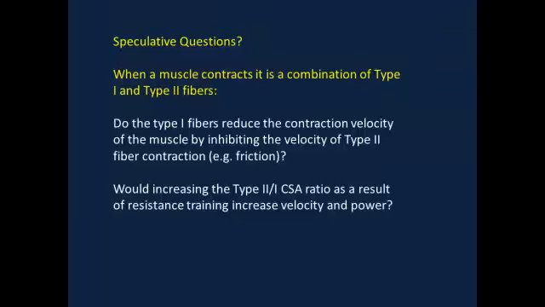Now, here's another part of that question. If you think about it, when a muscle contracts, it's not just type 2 fibers, it's not just type 1 fibers, there's a mixture of fibers in there. So one of the things that's also possible is that as that mixture of fibers starts contracting, the slower fibers actually create drag and friction and slow down the faster fibers. Okay? And there is evidence for that.